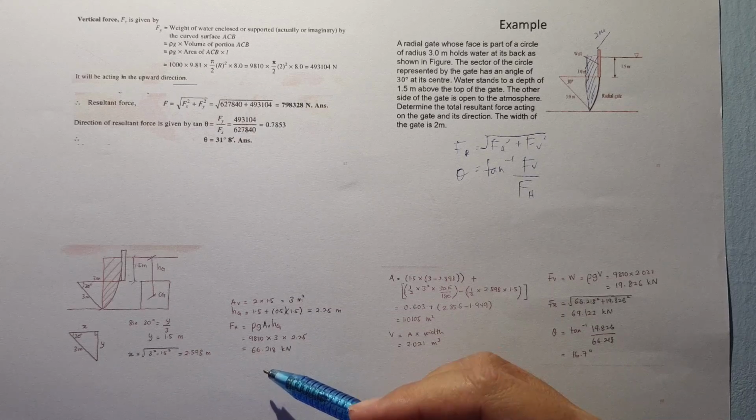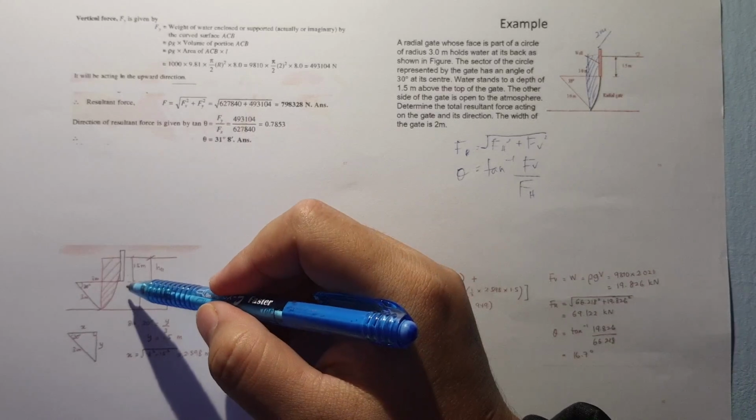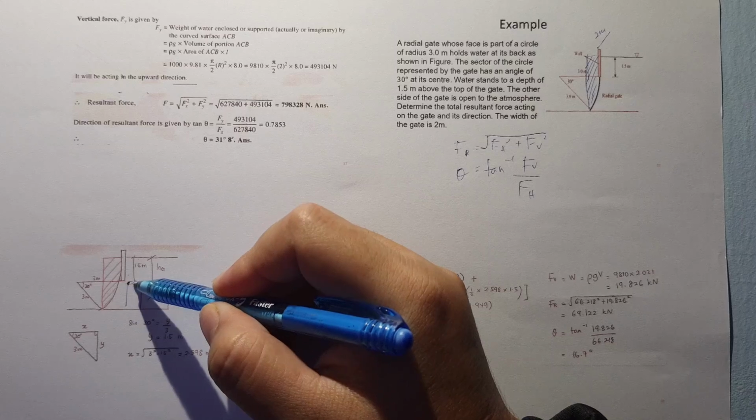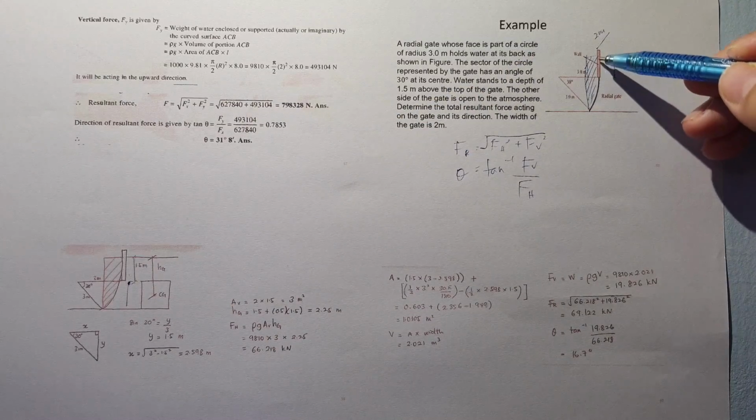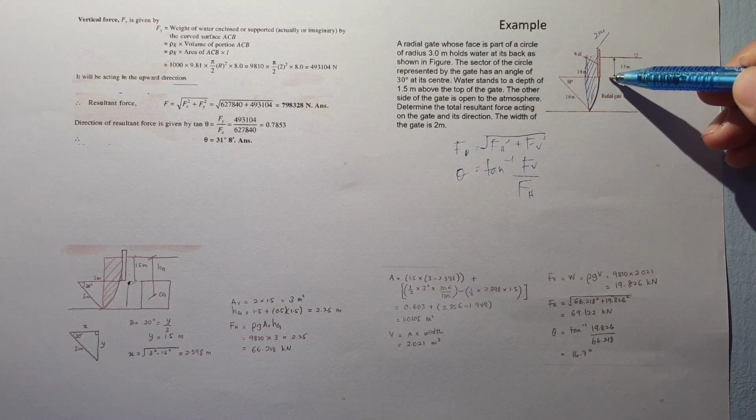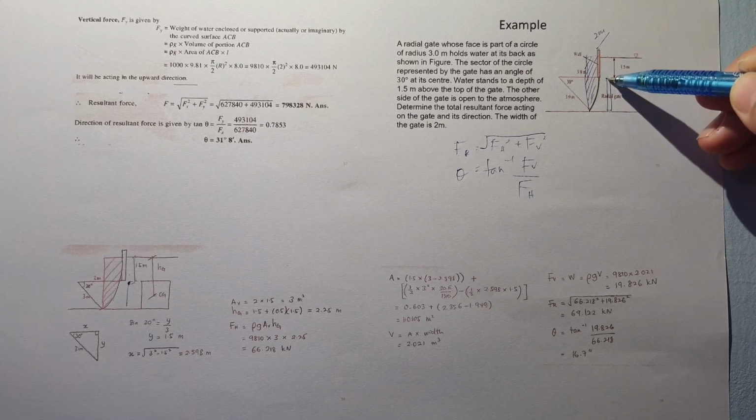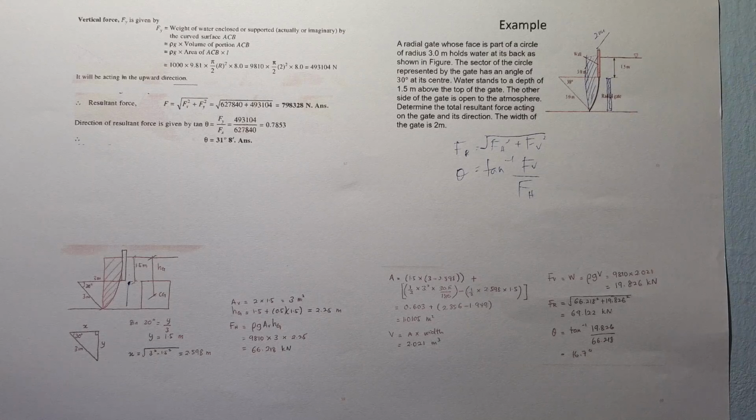Force in horizontal direction means we imagine the gate is, because the gate is under here, this one is not gate, this is a wall. So you want to imagine the gate only here, because this is our gate only.